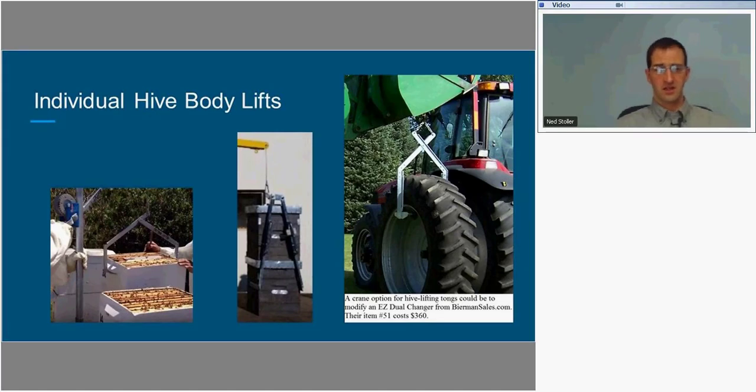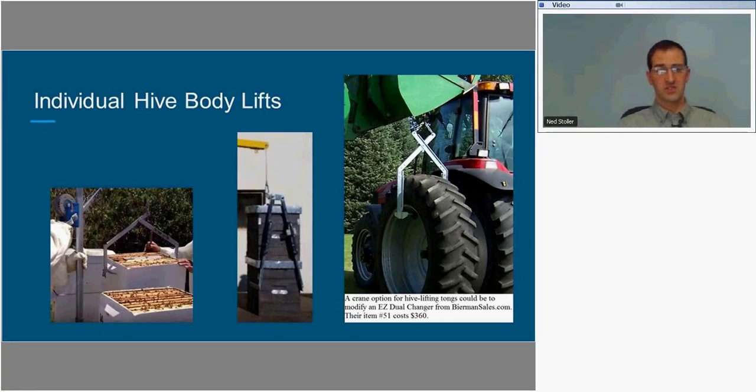The Easy Dual Changer from BeermanSales.com shown on the right, that's a picture of gripping tongs that are used for moving large, heavy dual tractor wheels. So they're designed to handle lots and lots of weight, far more than a beehive would weigh. And with the shape of those tongs, they would be able to reach down and grip and lift at least 3 of the hive bodies off of a hive at once.